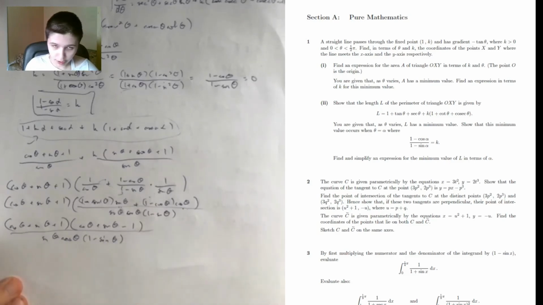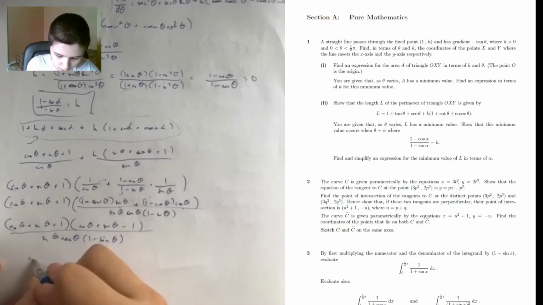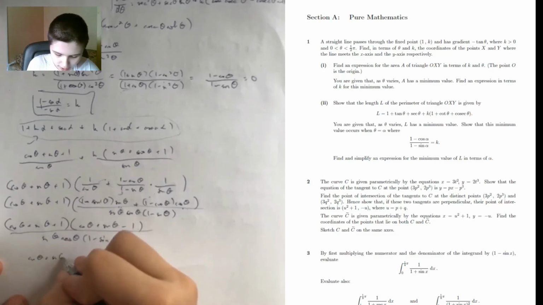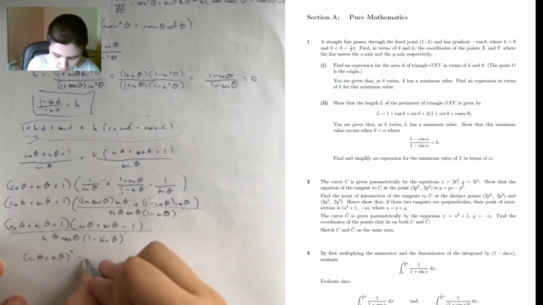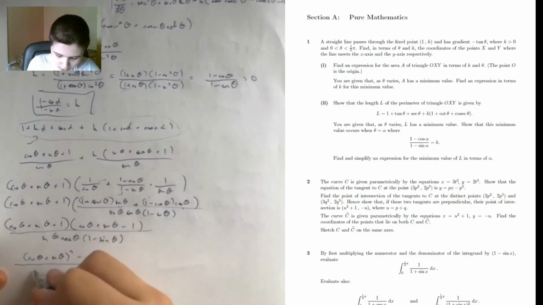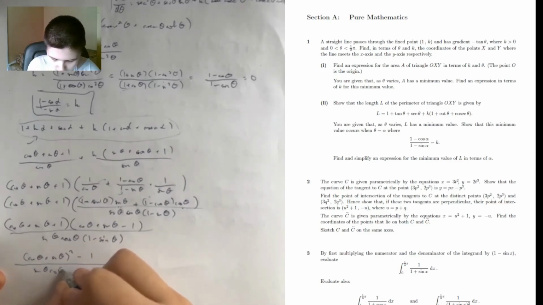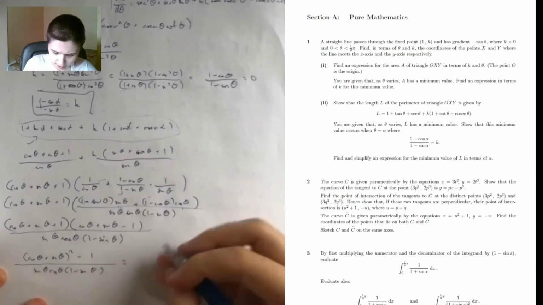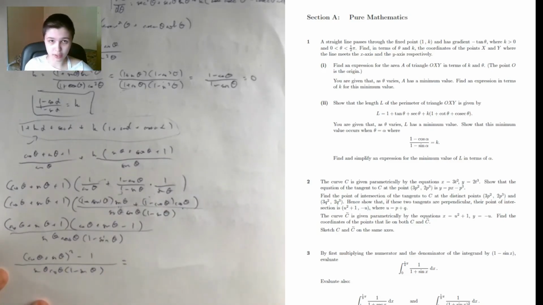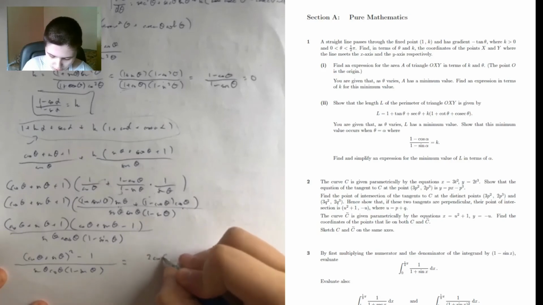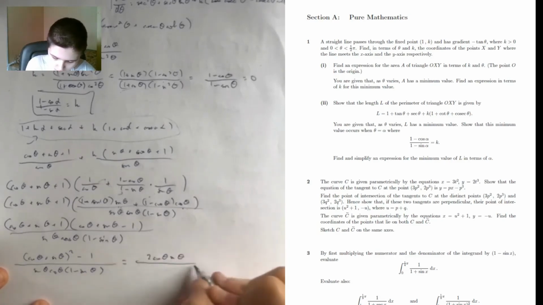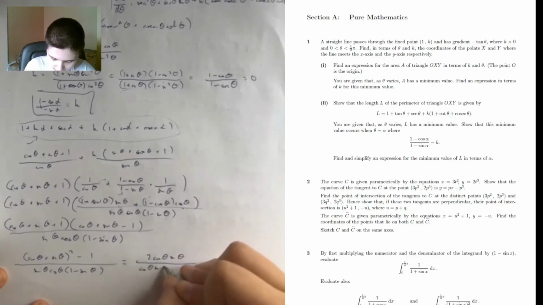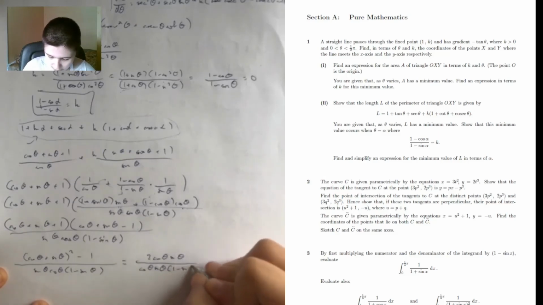This is using the difference of two squares formula, cos theta plus sine theta squared minus 1 over sine theta cos theta 1 minus sine theta, and that's going to be cos squared theta plus sine squared theta, so 1, plus 2 cos theta sine theta minus 1, so just 2 cos theta sine theta over cos theta sine theta 1 minus sine theta.